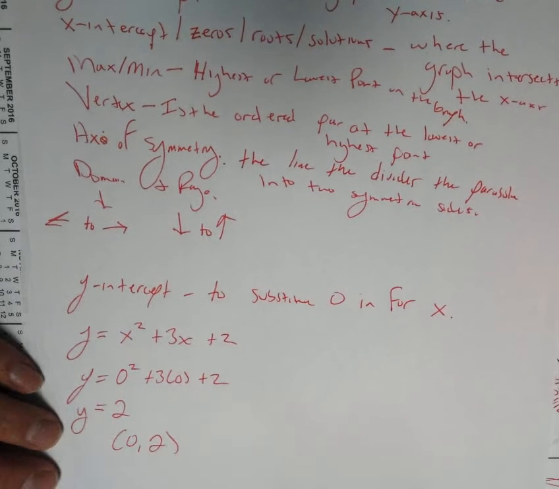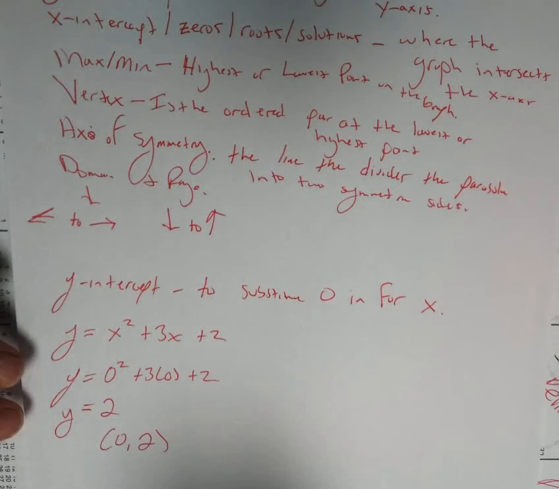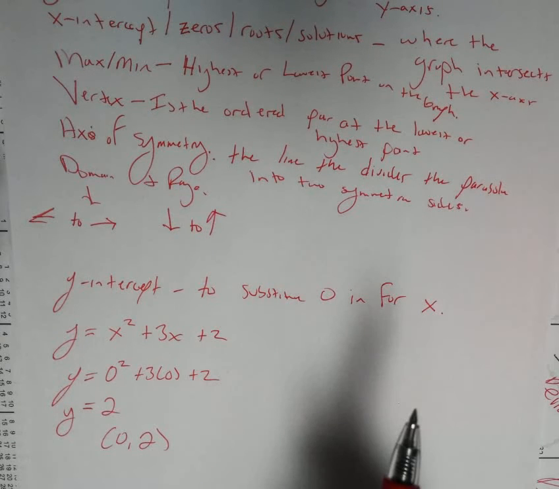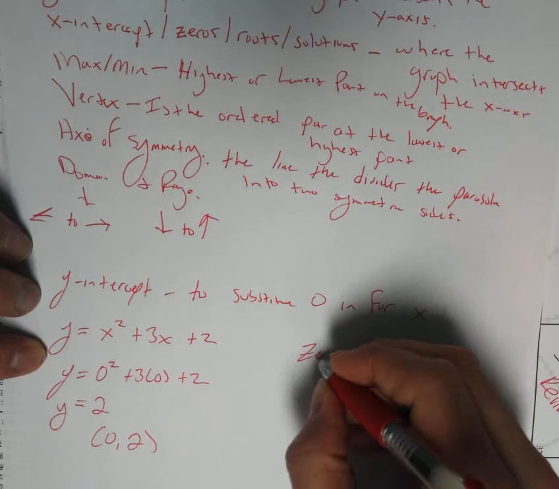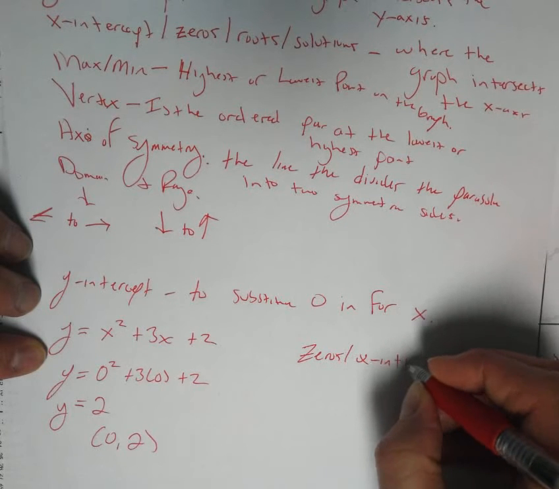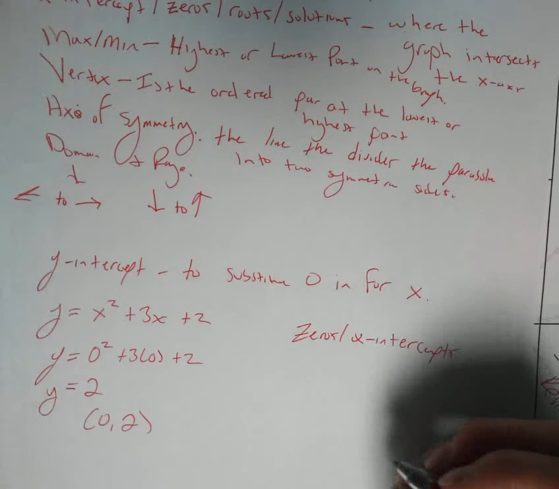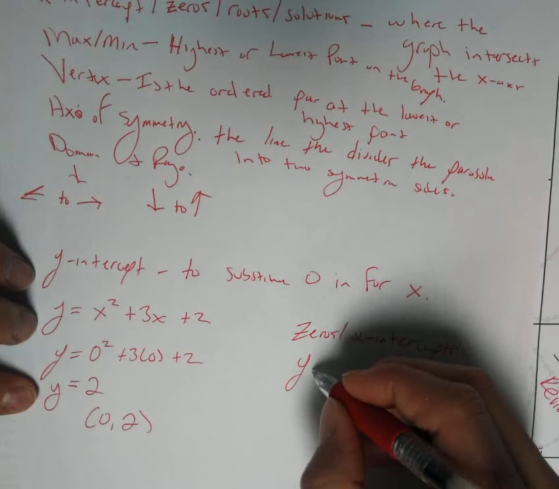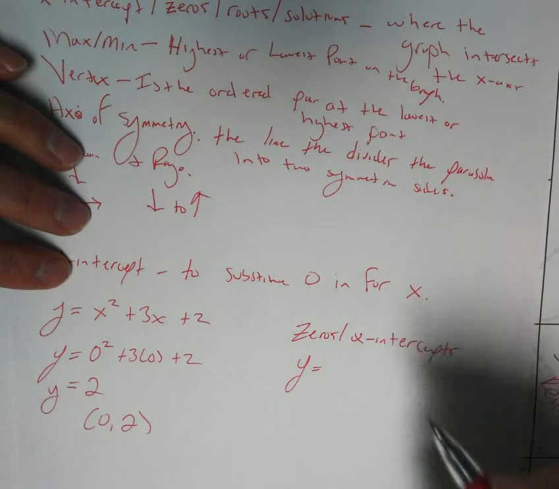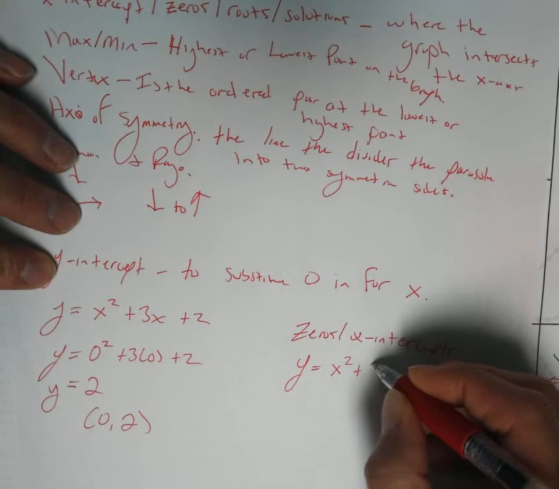The next thing we can find from standard form is we can look at, if we were to graph it, we could look at domain and range and look at that graph. But zeros slash x-intercepts are another easy thing we can find from standard form. Since y-intercept was substitute 0 in for x, to find the zeros, we're going to substitute 0 in for y.